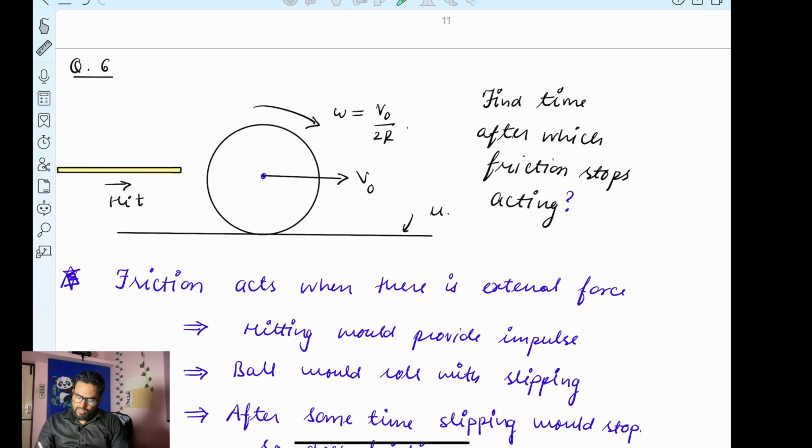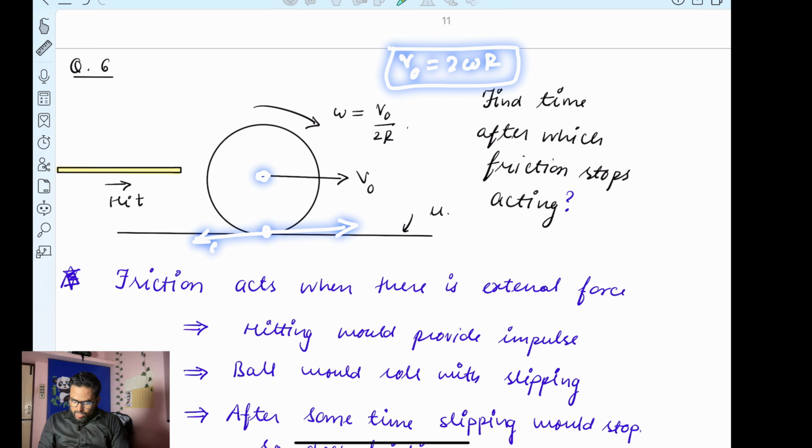Clear? So see here, v naught equals 2 omega r. So v naught is more: v naught forward, and omega r is v naught by 2 backward.